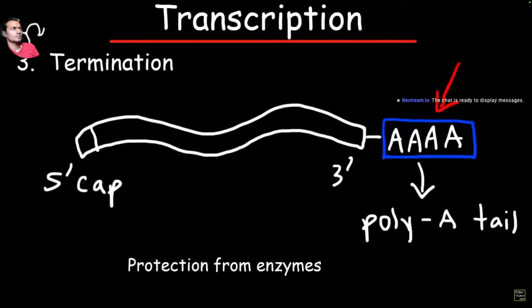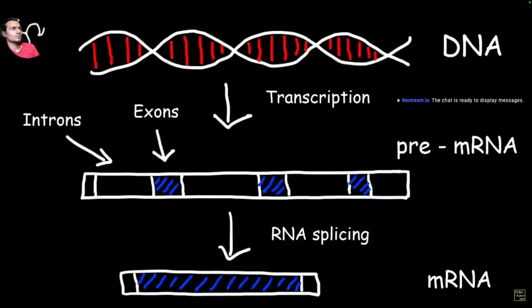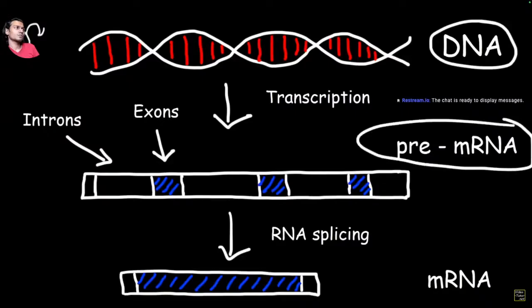Also, during the beginning of transcription, the 5' end is also capped. The reason for this is to protect the mRNA strand from being degraded by certain enzymes. At the end of the termination step during transcription, DNA has been used to create a pre-messenger RNA strand.